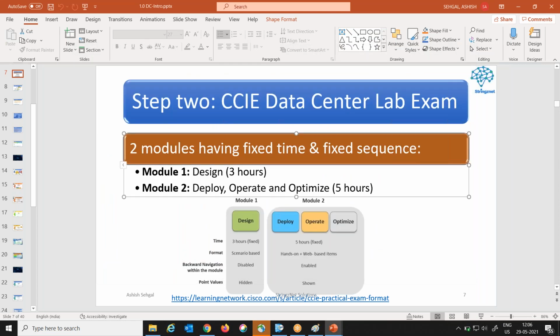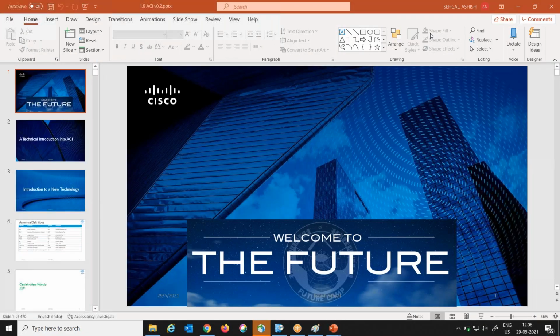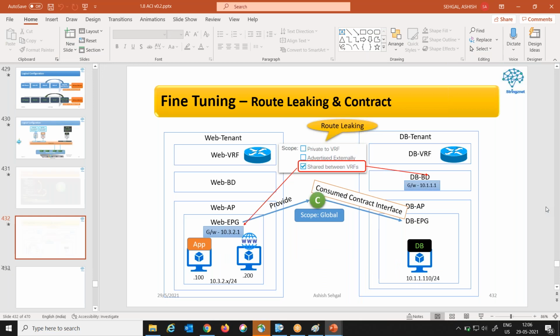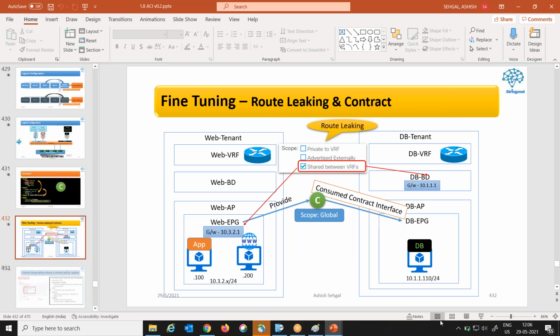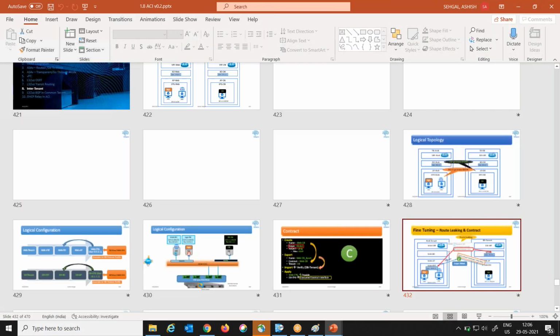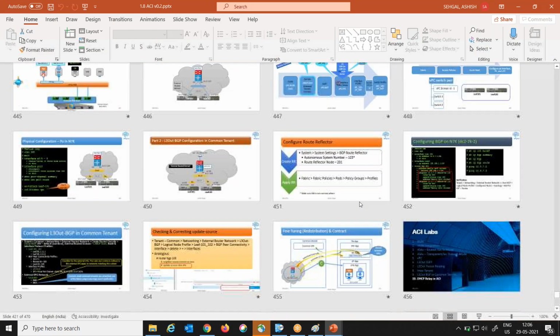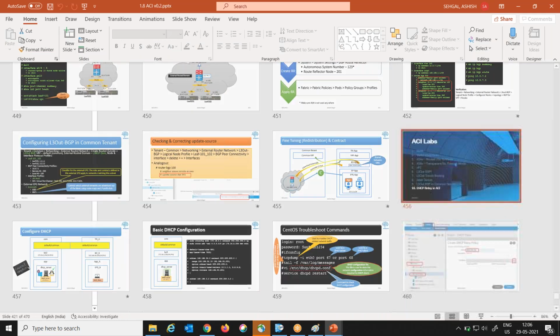This particular PPT is the biggest one, covering more than 400 slides, so it always takes time. The lab I wanted to show you is the last one.